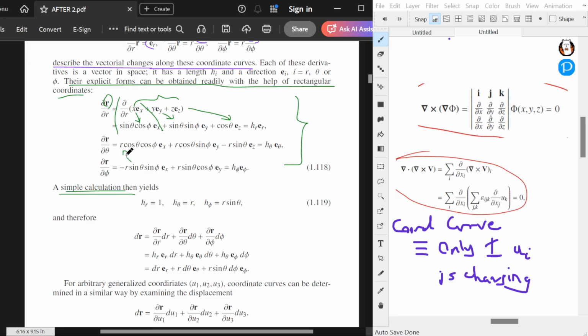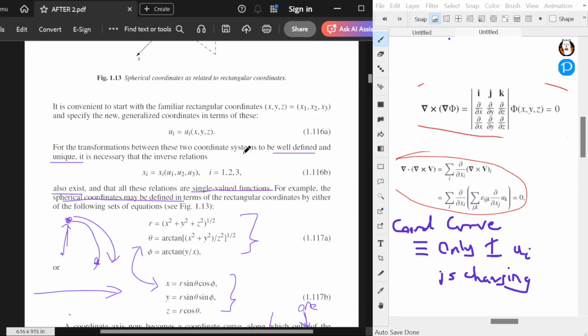You can factor the r to get cos theta cos phi, cos theta sine phi, minus sine theta. They're saying h_theta equals r. So all this stuff should be 1, right? Surely. Did I miss a page?